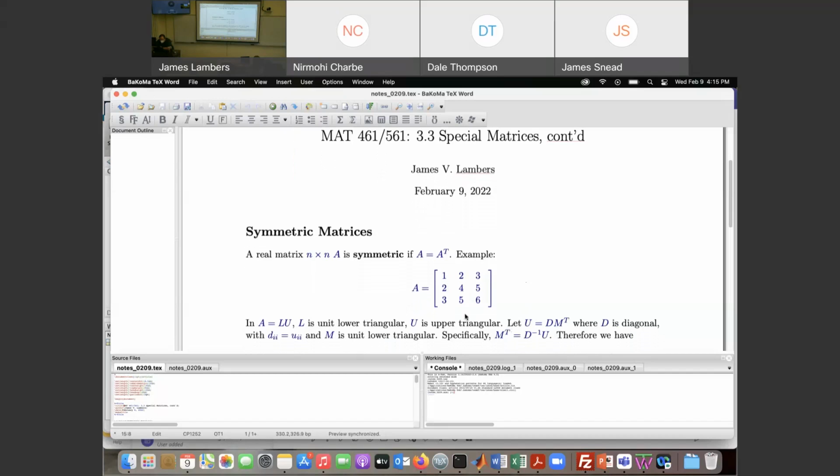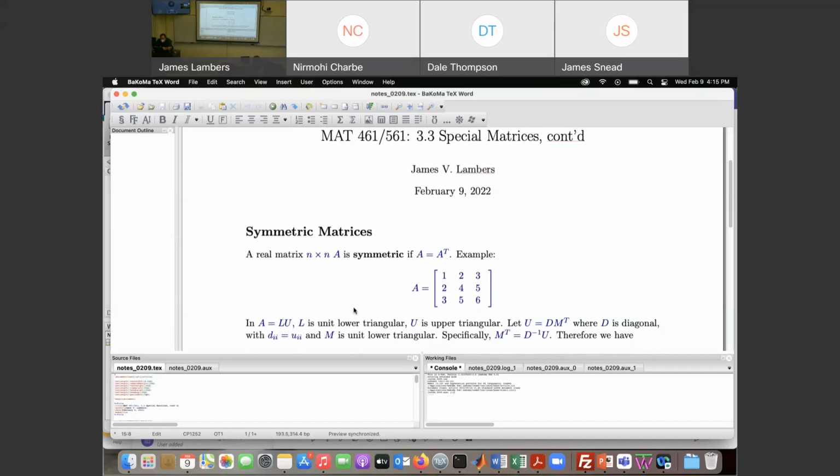Now, if we revisit the LU decomposition, and for the time being we'll forget about pivoting. In the LU decomposition, our factors L and U are both triangular, but L is unit lower triangular, whereas U is just plain upper triangular. So L has a diagonal of 1, U does not.